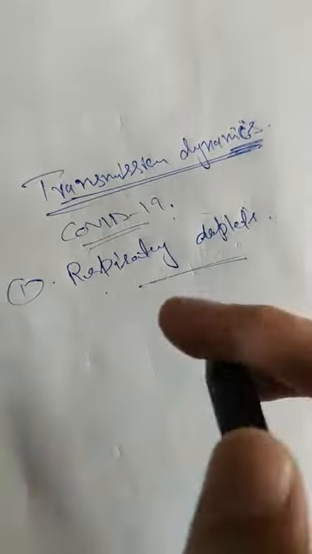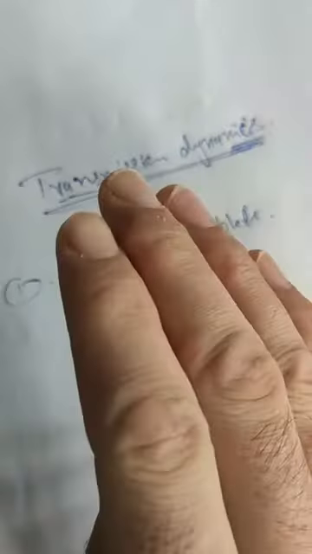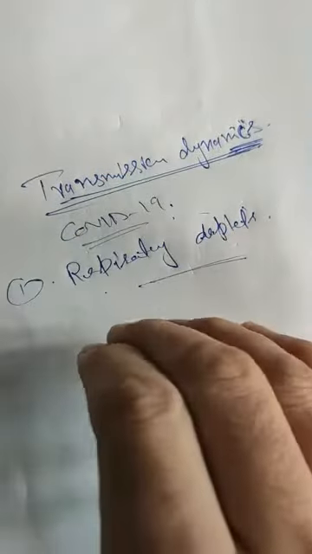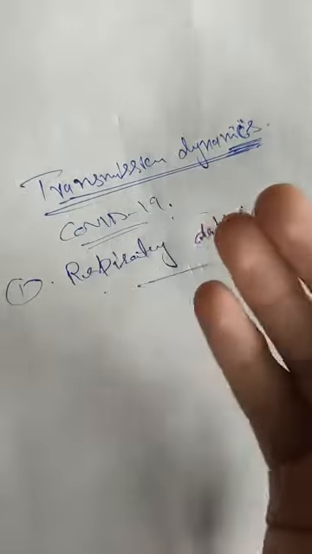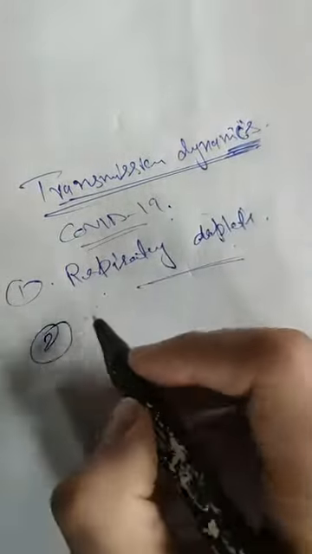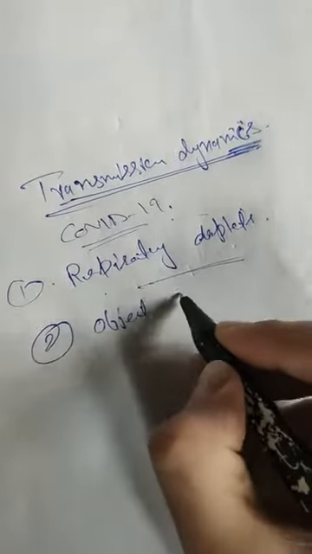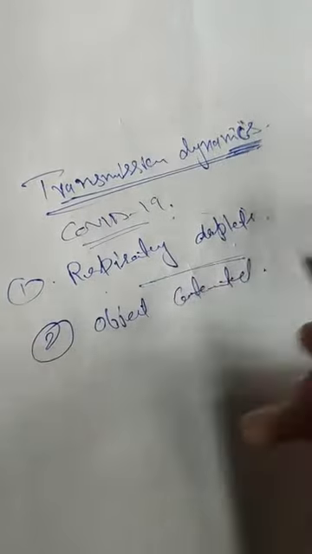There are two types of respiratory droplets, and I will discuss all these things in the transmission part. And there are other routes of transmission also, like contamination of common objects, objects contaminated by the viruses, for example.